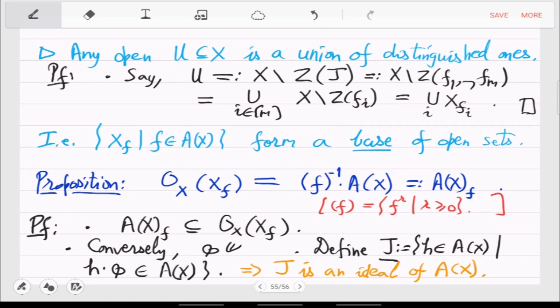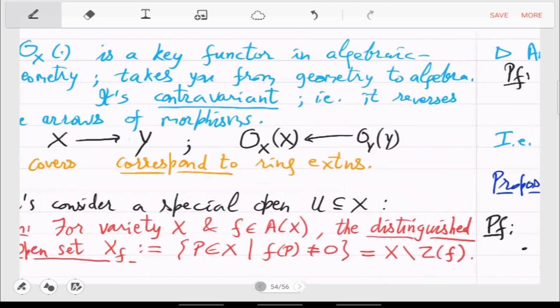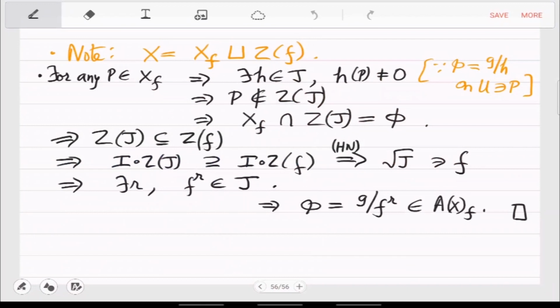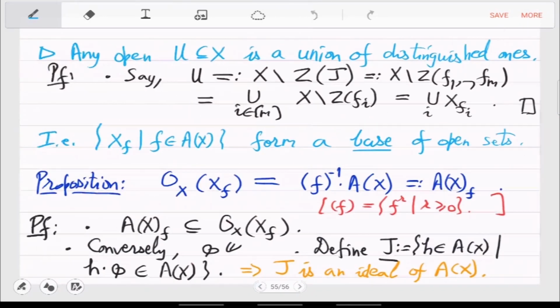Okay, what else? I think the stalk, the germs thing I have done, right? Yeah, OXP we have studied. So, fine. Now we have a good handle on the OX functor. We understand how it acts on the distinguished open sets.